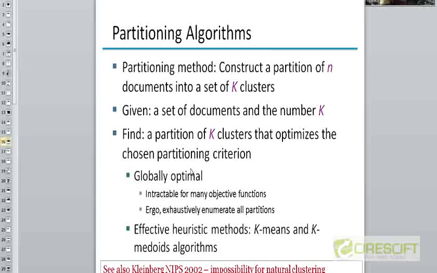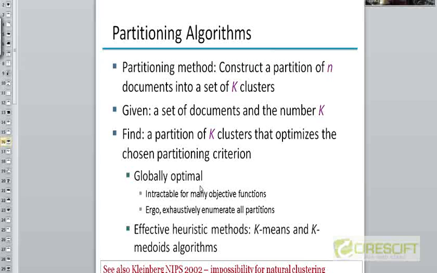Or let's say I compute the distance between pairs of documents within every cluster, and I compute the average distance between documents within the same cluster. So that's one measure I could try to optimize, or I could try to optimize the sum of the distances between pairs of documents that belong to the same cluster.